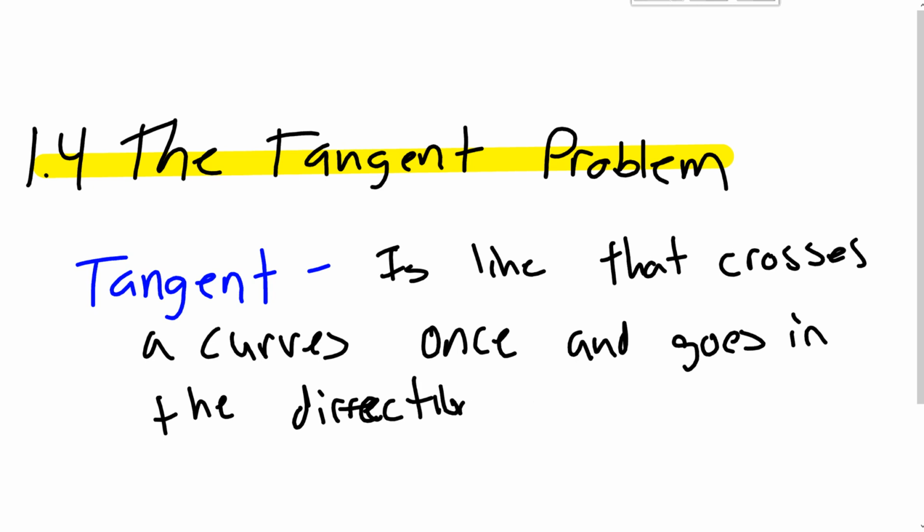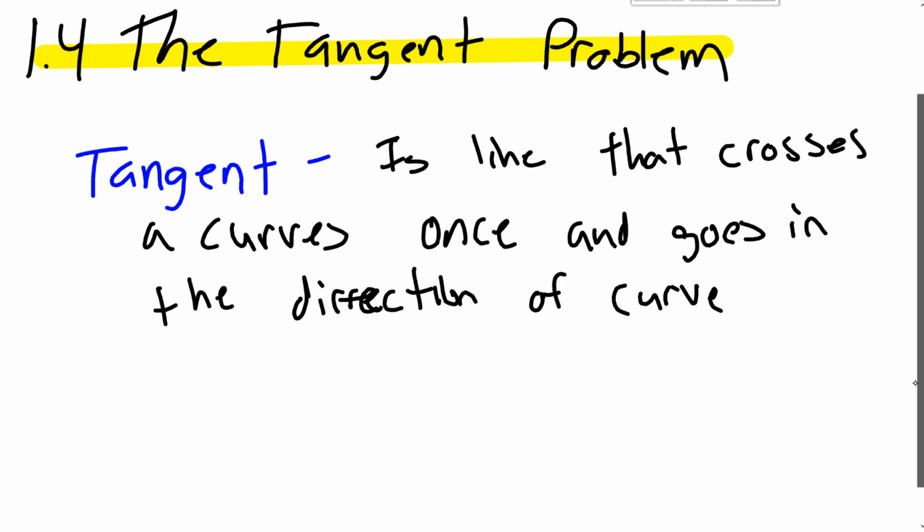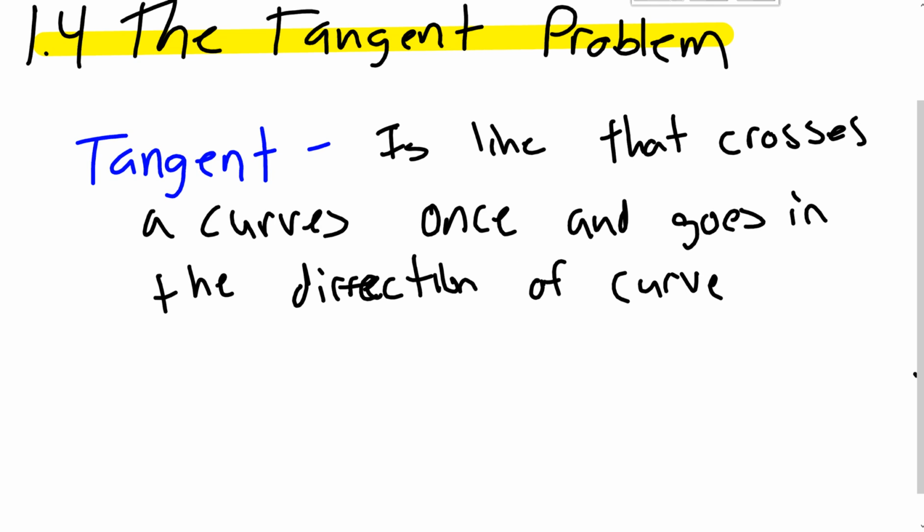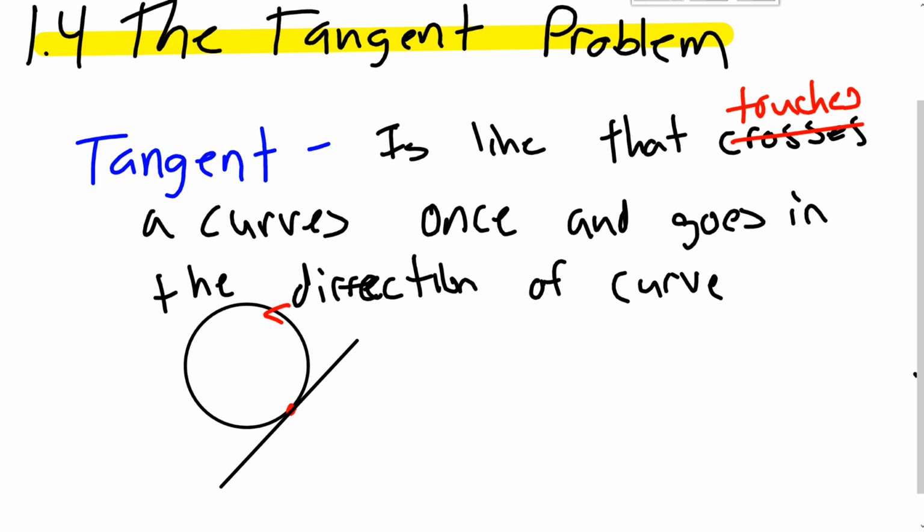So if we have, say, a circle or something like that, it's going around. A tangent would only touch it once. Or maybe I shouldn't use the word crosses, maybe it touches the curve only once. So it would go through here and it's only going to touch that once.